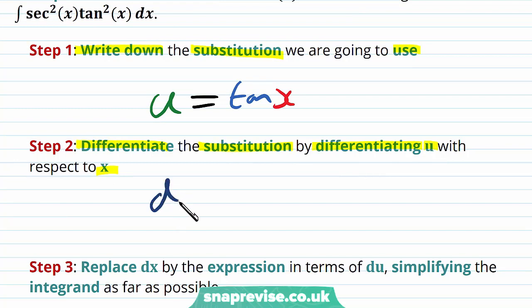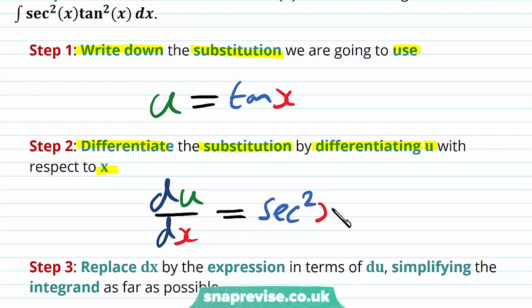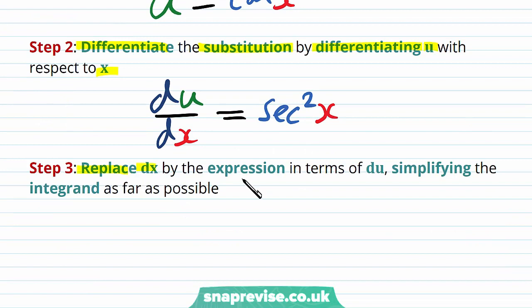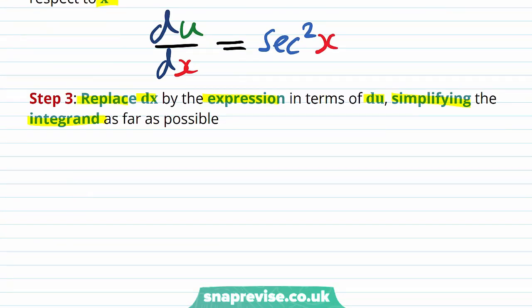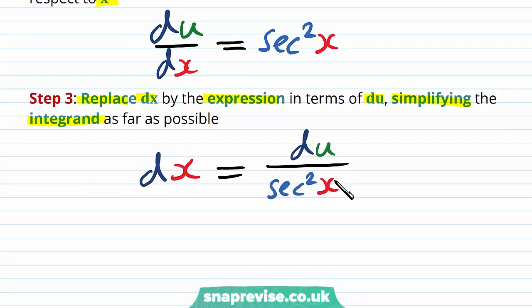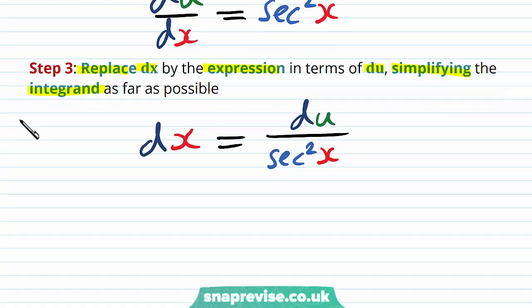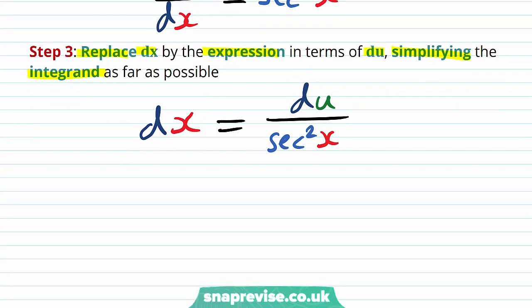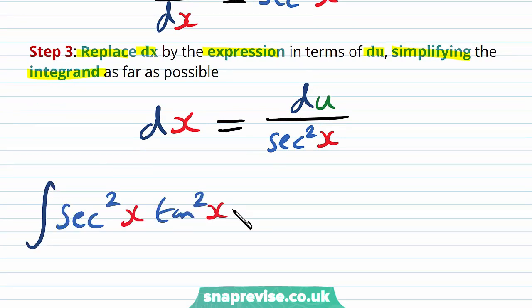We get that du by dx is equal to sec squared x, and this is precisely what will be useful in a moment. Our third step is to replace dx by the expression in terms of du, simplifying the integrand as far as possible. By rearranging, we get that dx is equal to du divided by sec squared x. And so we have the integral of sec squared x multiplied by tan squared x dx.